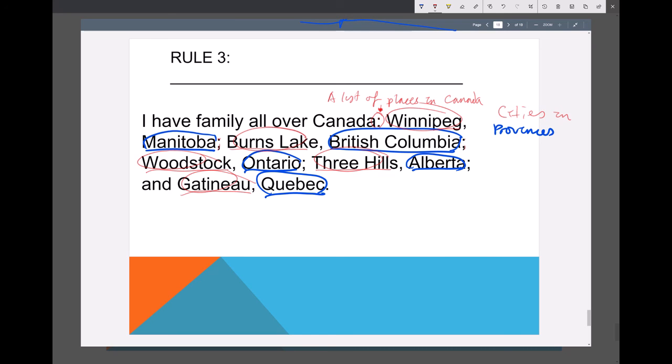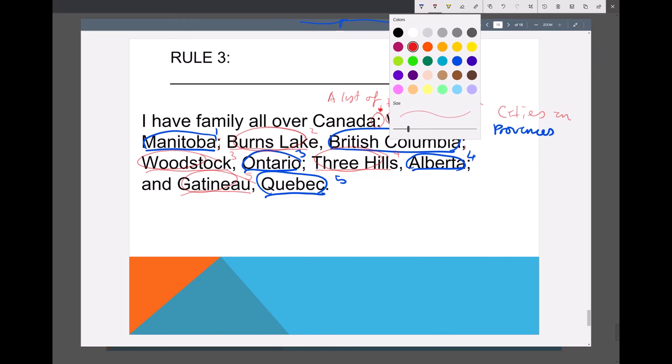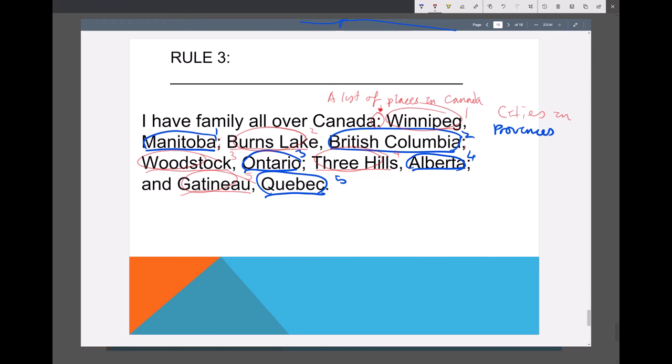So how many cities do we have? 1, 2, 3, 4, 5. And so we have 5 provinces too. 1, 2, 3, 4, 5. So the semicolons here, you should have 4 of them, and 5 commas.